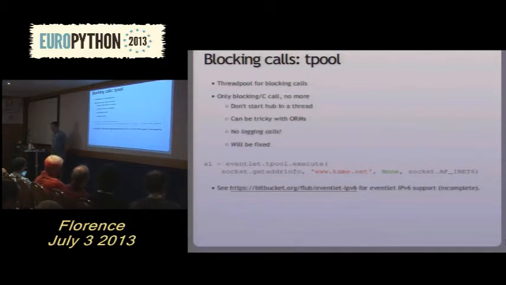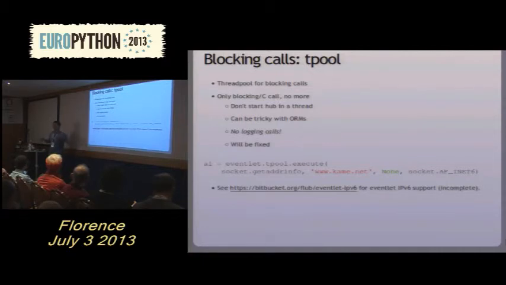The things to look out for there are that you want to avoid starting an Eventlet hub in one of those threads, and you also want to keep the code you dispatch to a different thread to an absolute minimum. At the moment, if you create a synchronization object made for Eventlet, like a semaphore or lock, and you end up passing that into another thread, and that thread tries to use it, things will break.